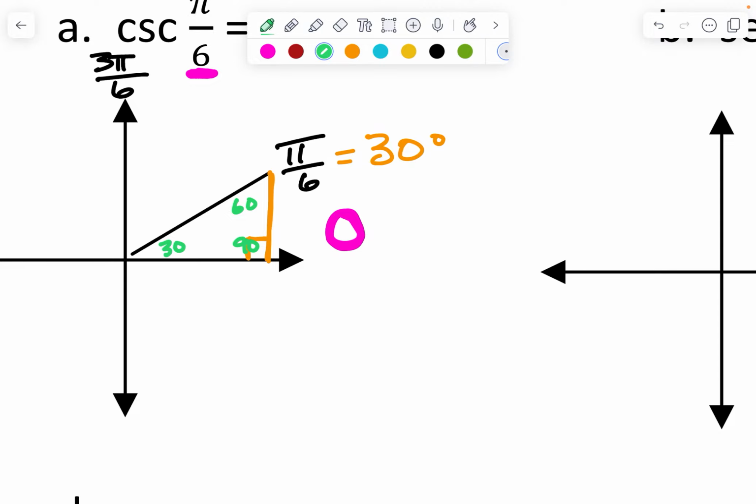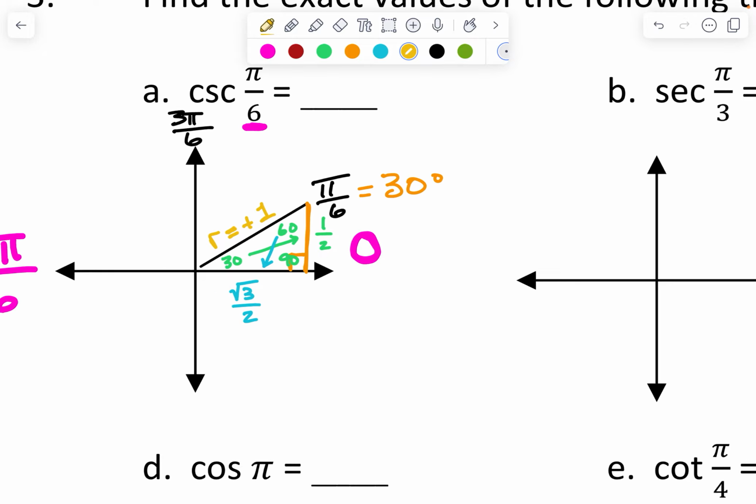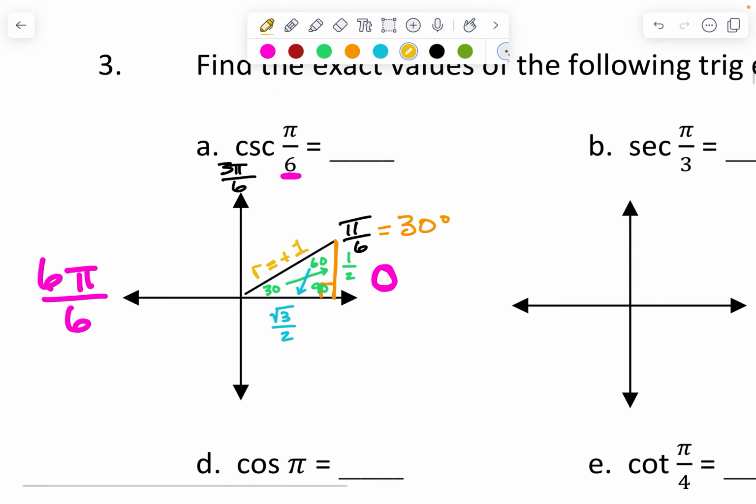And remembering your ratios of sides, the short side of a 30, 60, 90 is always 1/2. The side across from the 60 is always square root of 3 over 2. And then our r value for all of these is always positive 1. So we have all of the sides here. And now we just need to find the correct ratio.